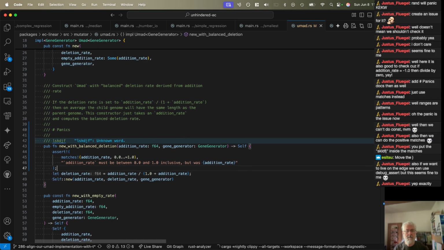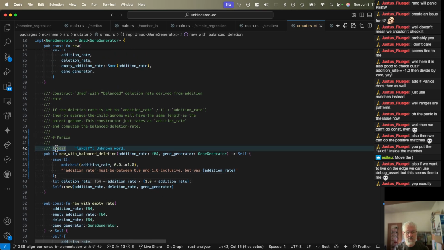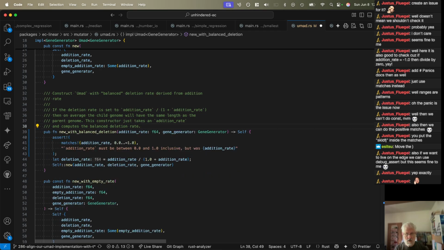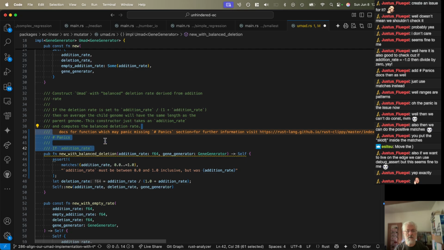But, okay, and then we need to turn this into a panics section. Actually, now that we're using assert, do you need a panic section? Yes. Good. Okay, that's interesting. So it's smart about that.